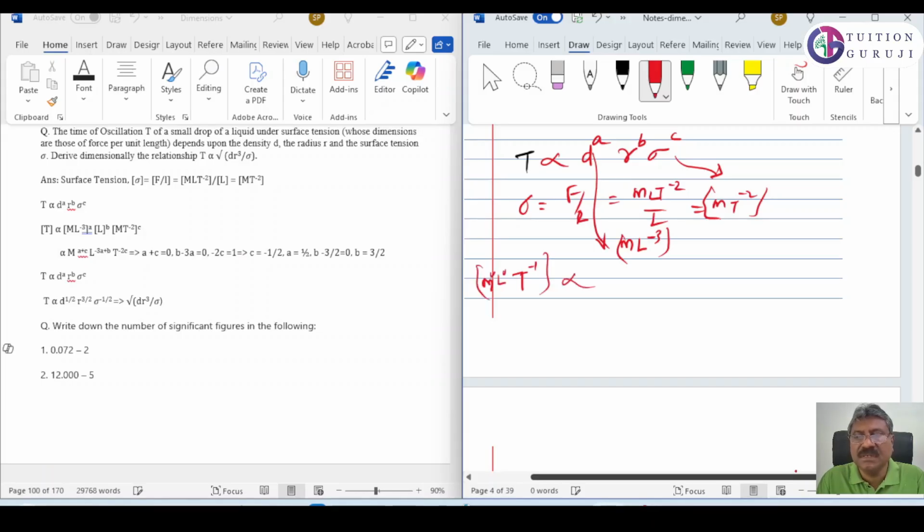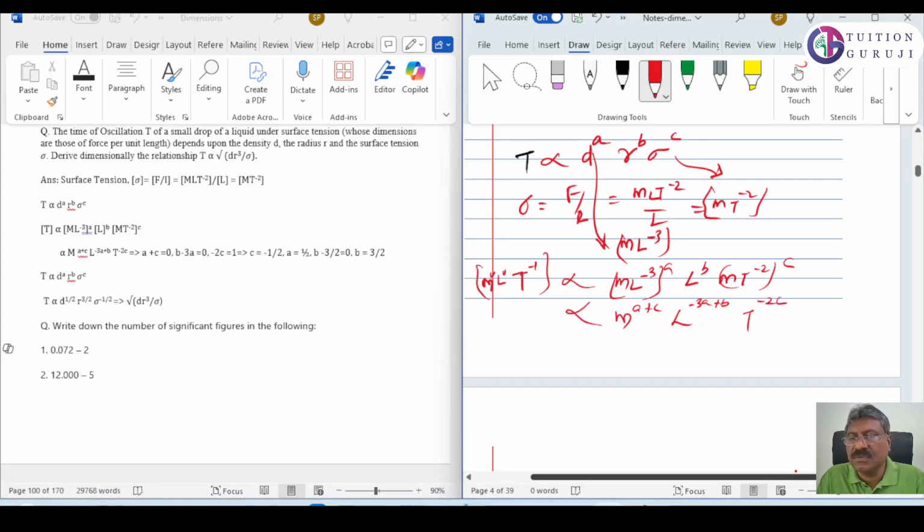T raised to minus 1 is proportional to M L raised to minus 3, density raised to A. Then R is radius, so L raised to B. Then surface tension M T raised to minus 2 raised to C. So it's proportional to M raised to A plus C, then L raised to minus 3A plus B, then T raised to minus 2C.